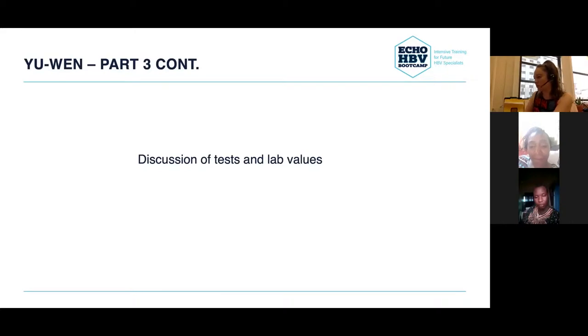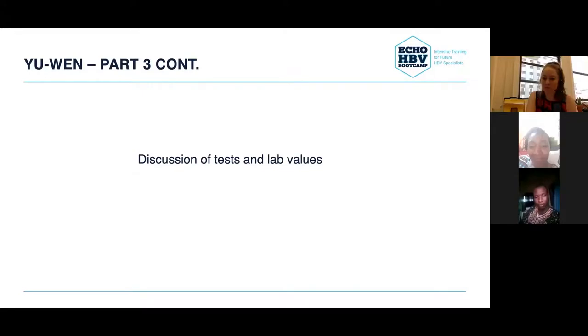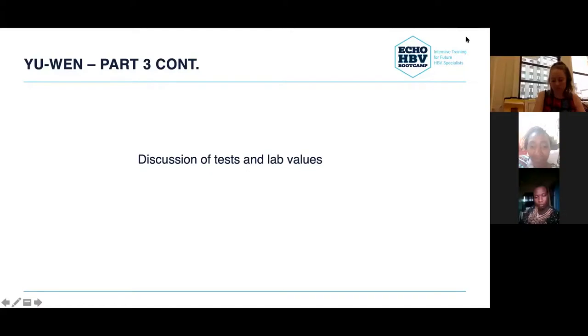I would want to further do the E antigen and the E antibody check for her, and then subsequently the HBV DNA would need to be done for the patient.